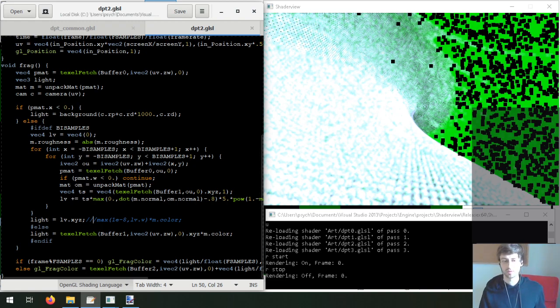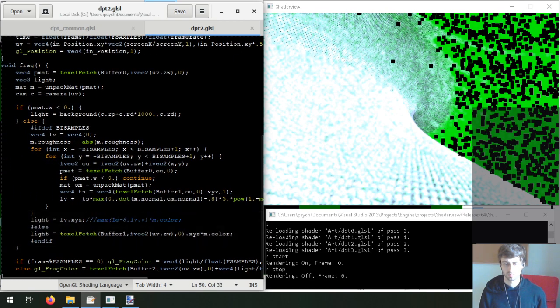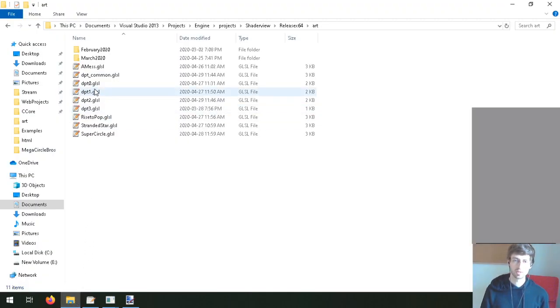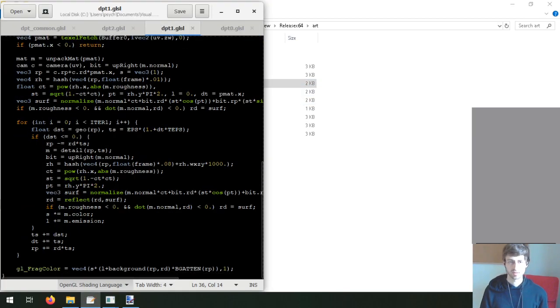Yeah, it's definitely overflowing. But that must mean that it's overflowing here in one of the first path tracing parts.